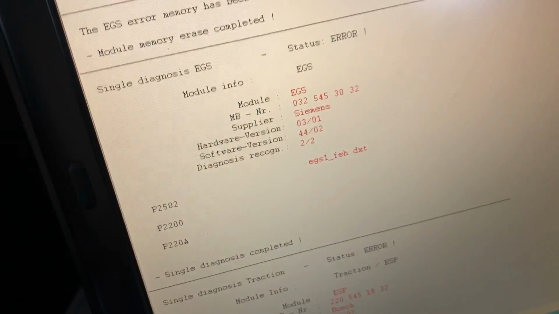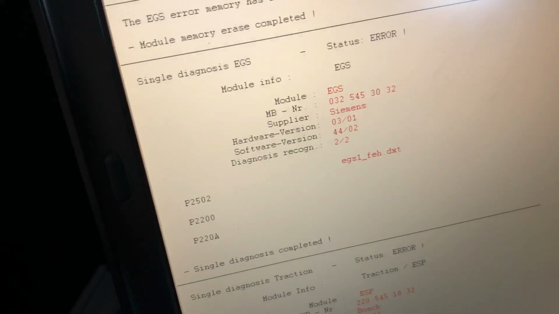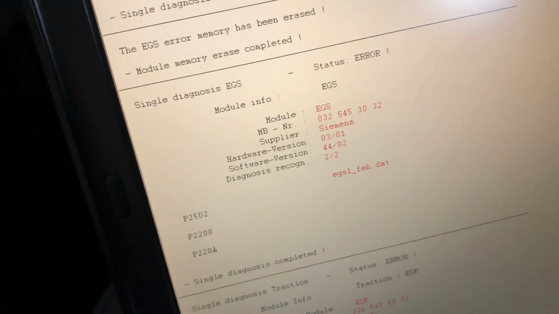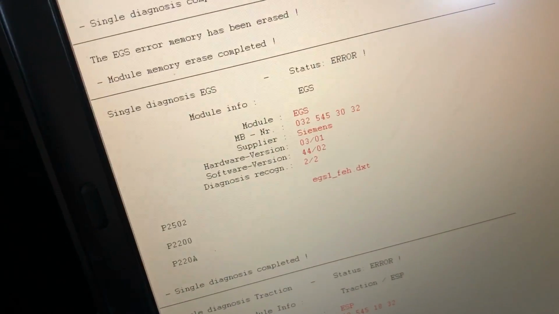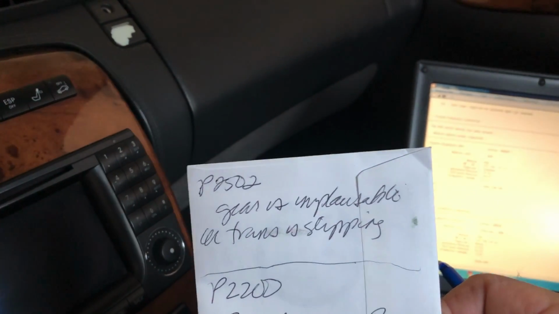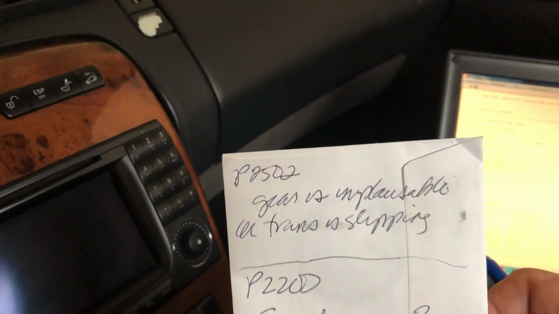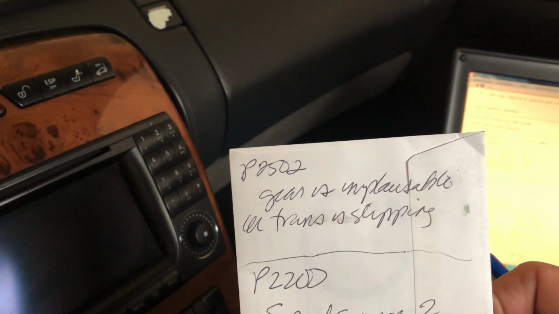Anyway, we ran the diagnostics and we have three codes: P2502, P2200, and P220A. I did a little research, just sitting here in the car, and pardon the horrible handwriting. P2502: the gear is implausible or the transmission is slipping.